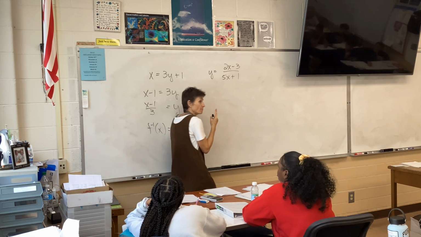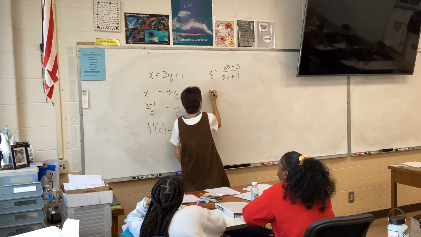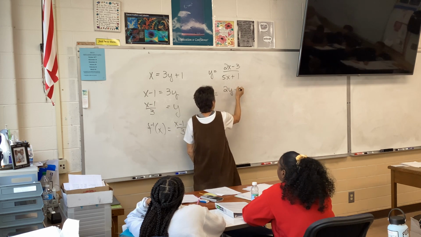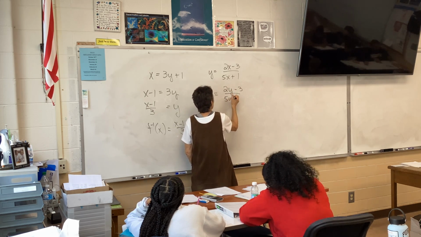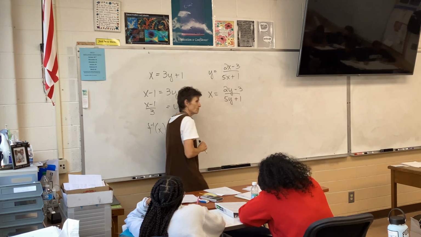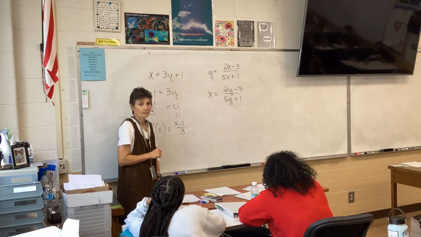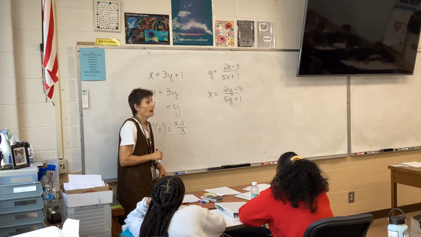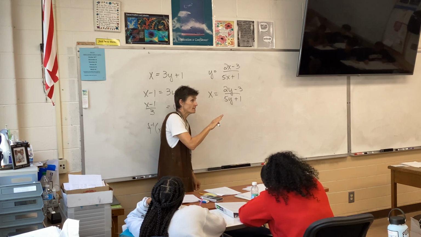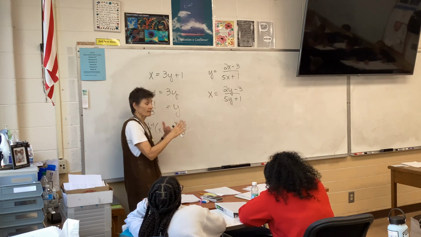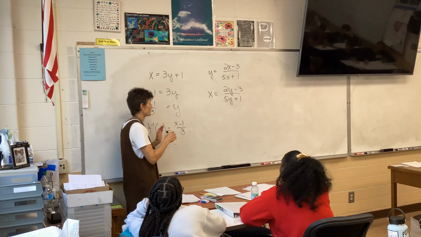Step 1, flip-flop them, so x equals 2y minus 3 over 5y plus 1, okay. Then what do I need to do? I need to get y by itself, right? So this is going to take a little more time than these easy ones did.